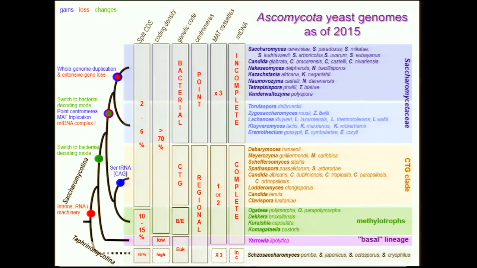Each of these subgroups is itself extremely diverse. We have enough information to tell, for a new genome sequence, if somebody sequences a new yeast, whether it will belong to this group or this group or this group. No problem about that because the signatures are strong. But within each group, we have a lot of divergence.